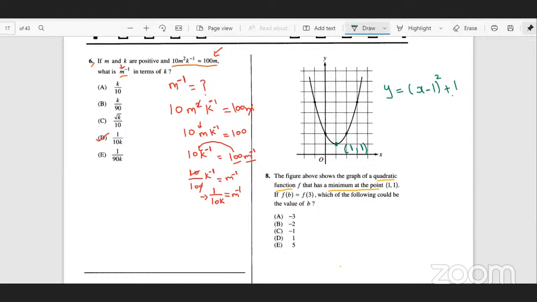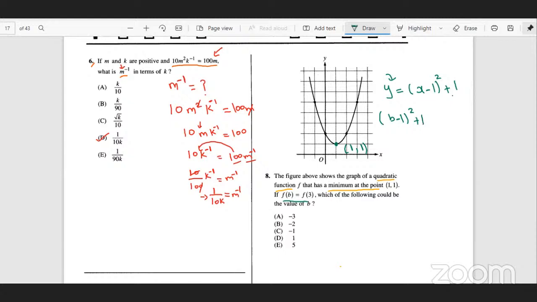Now, the question is: if f(b) equals f(3), which of the following could be the value of b? Perfect. Now, this is y, this is f, right? f and y are the same. And f of b would be (b minus 1) whole squared plus 1.